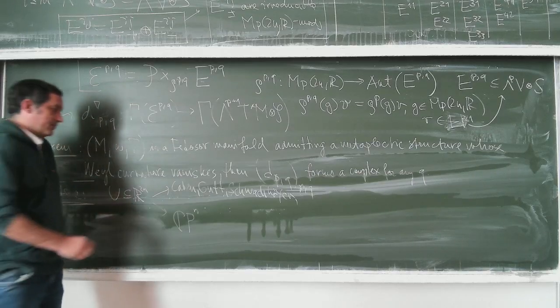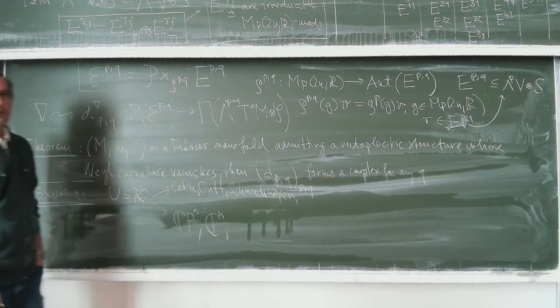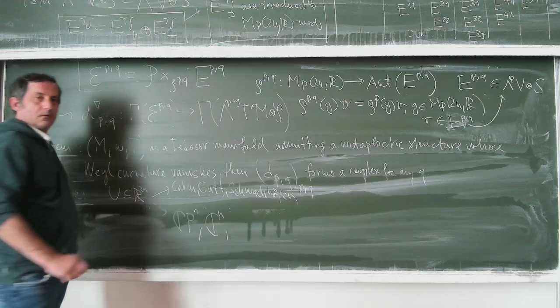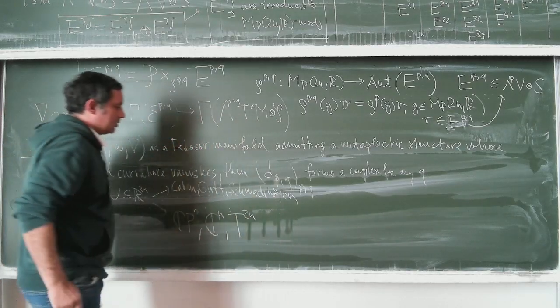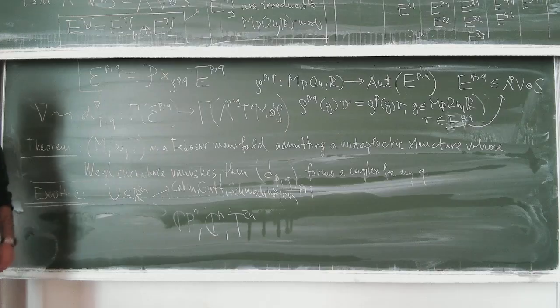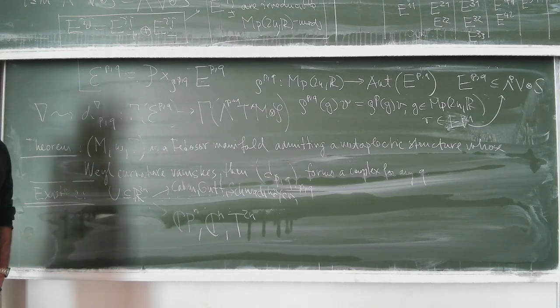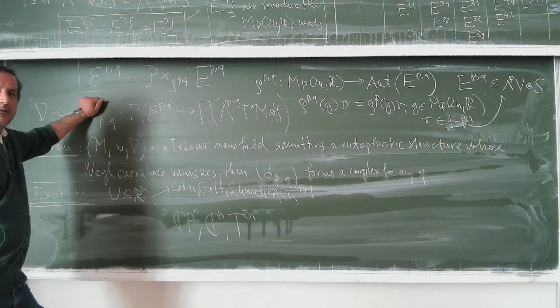Then there are for sure C^n and tori, and their coverings. So not so many, but nice examples.